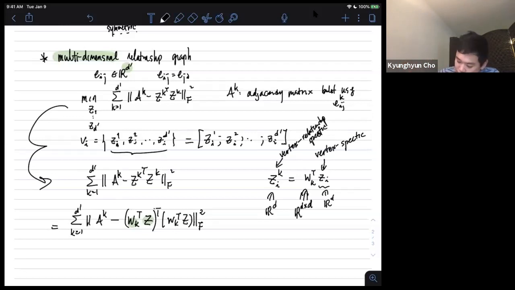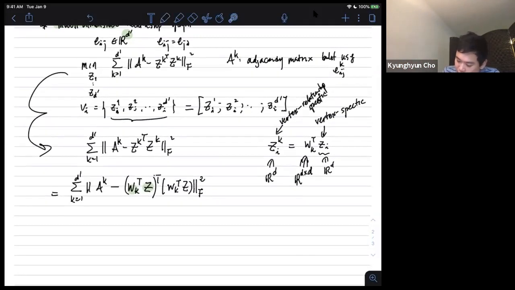And then what we do here, instead of treating Z_k, this matrix, as independent from all the others, is model this Z_k as a single code matrix Z times the W_k transpose, as here. And then we try to estimate both Z as well as W_k transpose.